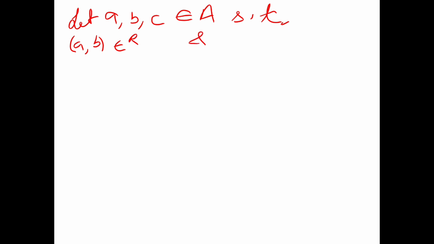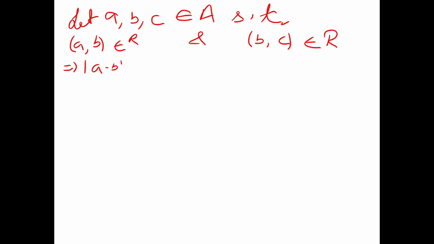Let A, B, C belong to the set such that A is related to B and B is related to C. A is related to B means the difference of A and B is a multiple of 4.